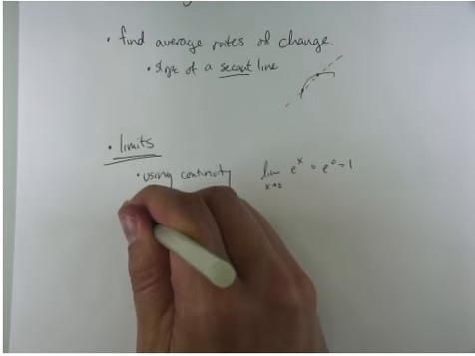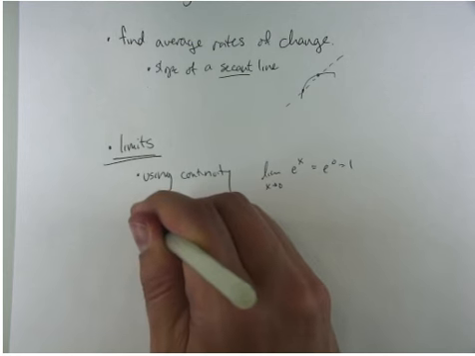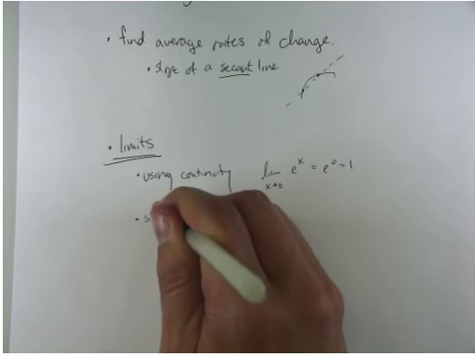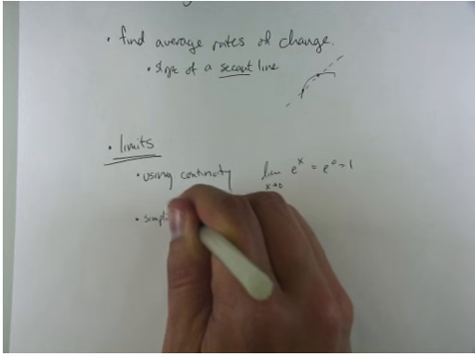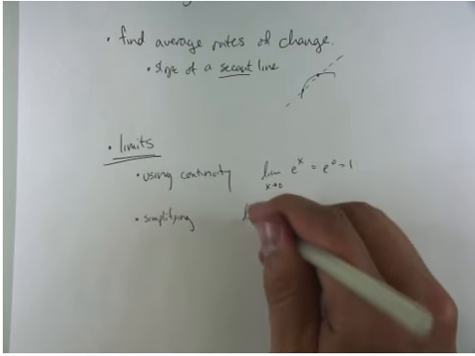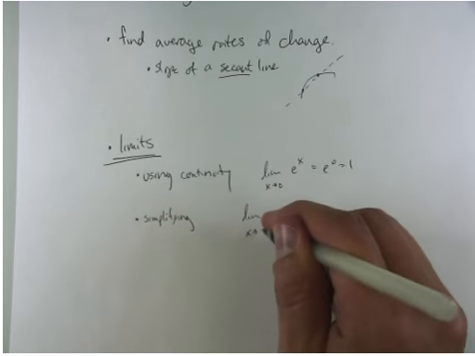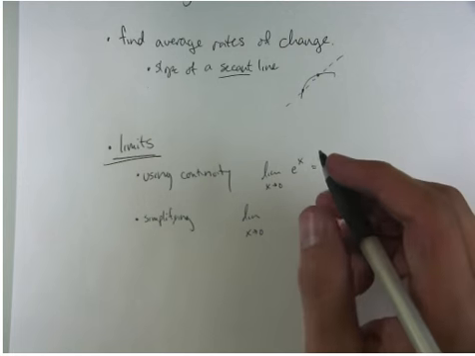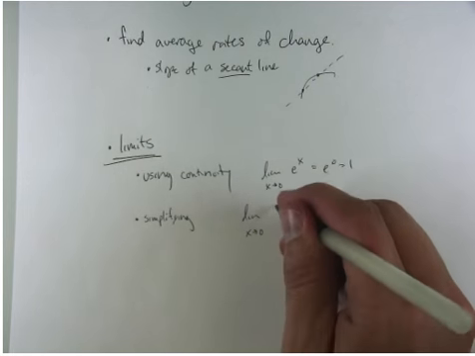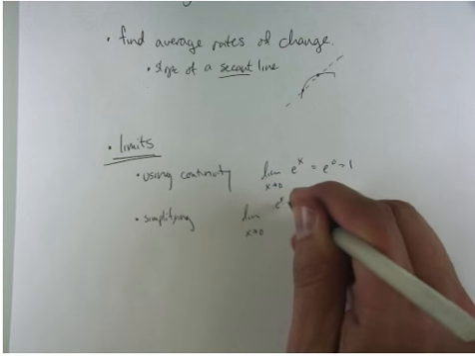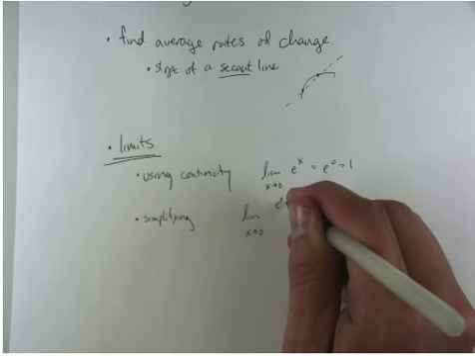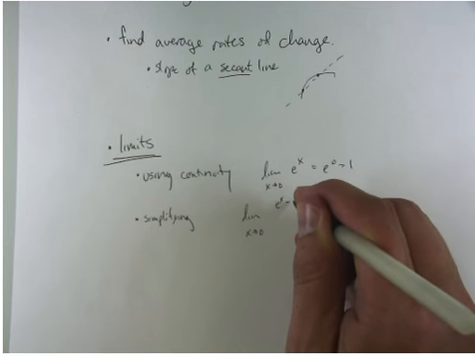But we also saw examples where we simplified. So things like the limit as x approaches 0 of e to the x minus 1 about x squared minus 1.